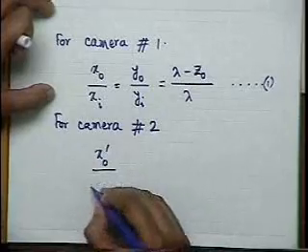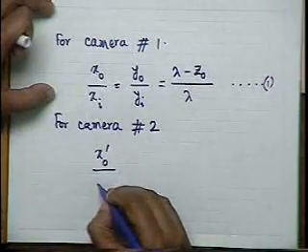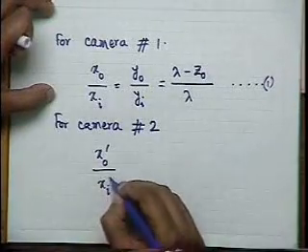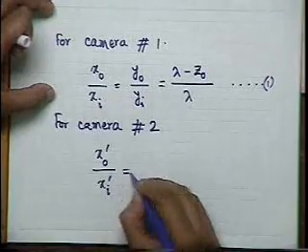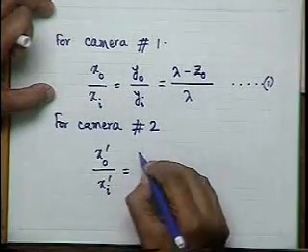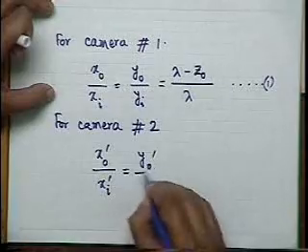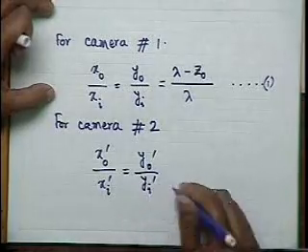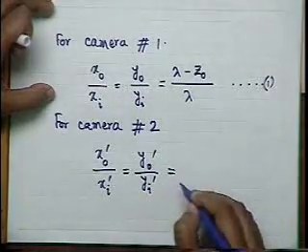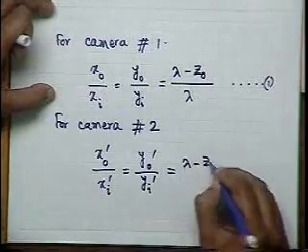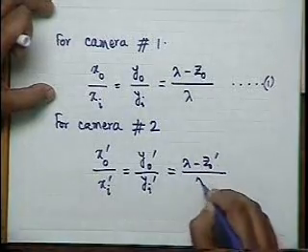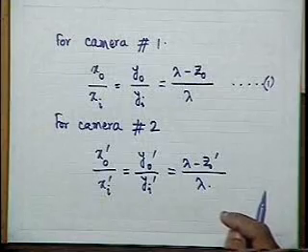Can anybody tell me? x naught prime by xi prime becomes equal to y naught prime divided by yi prime, and that is equal to lambda minus z naught prime divided by lambda. All right.